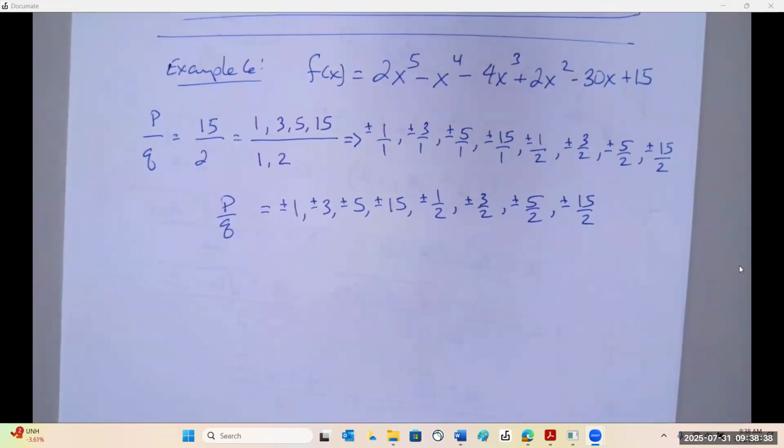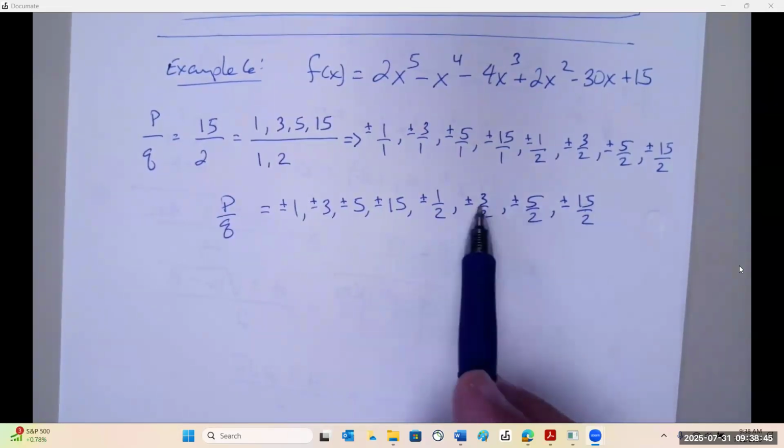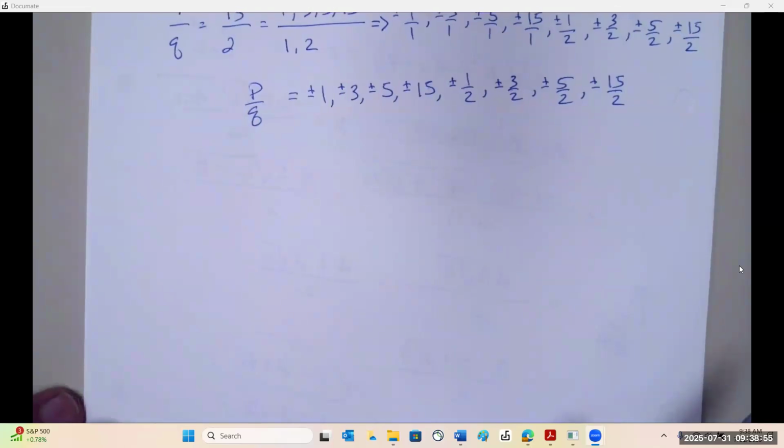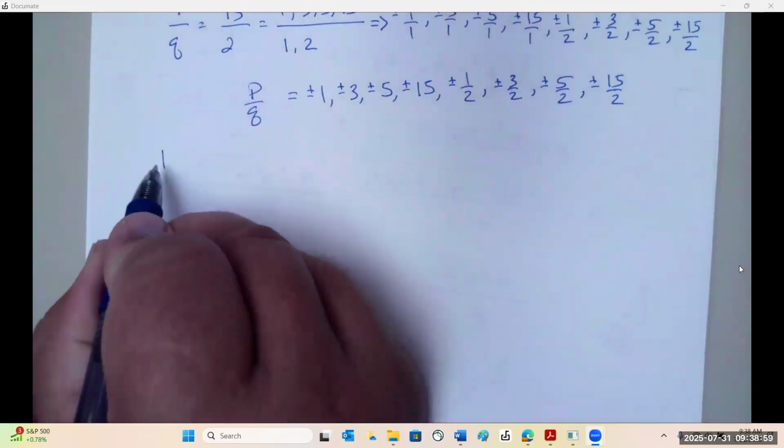Again, this is a lot less than doing it by trial and error. Even though we have 1, 2, 3, 4, 5, 6, 7, 8, we have 16 possibilities. It's much less than infinity. So let's start. We have 1.